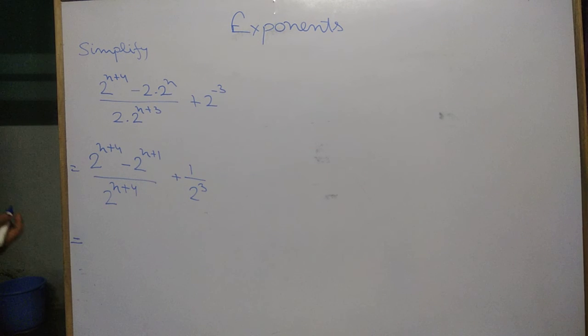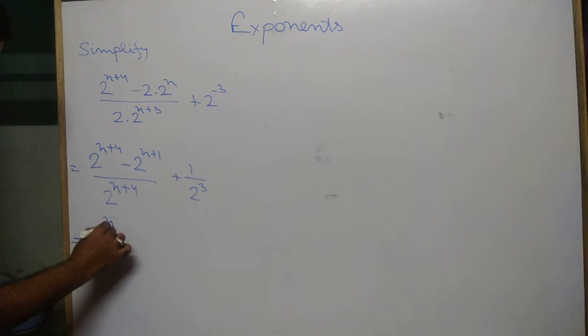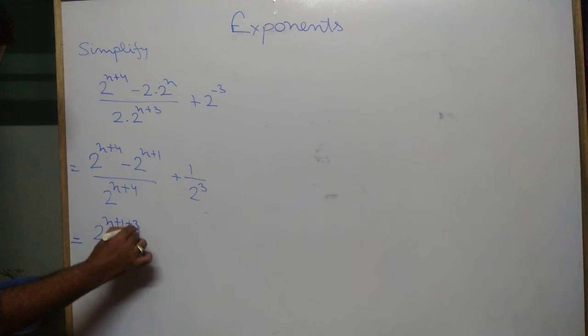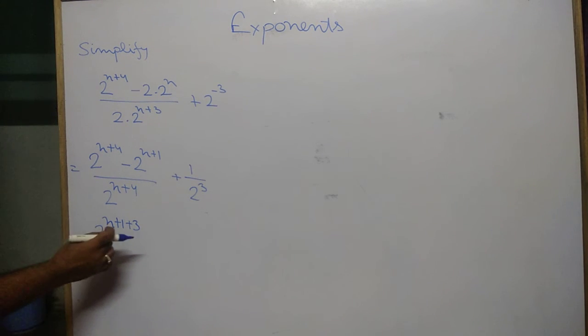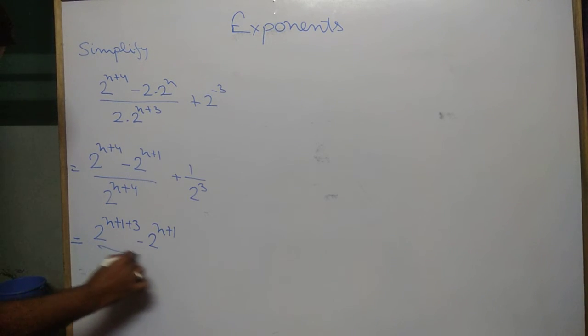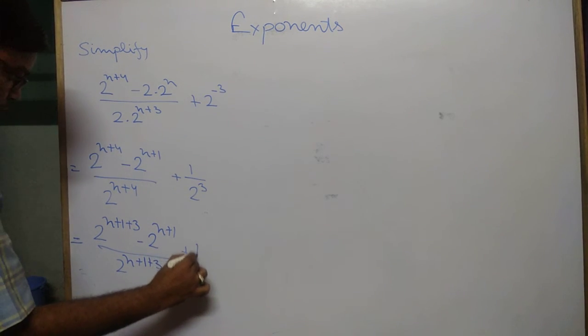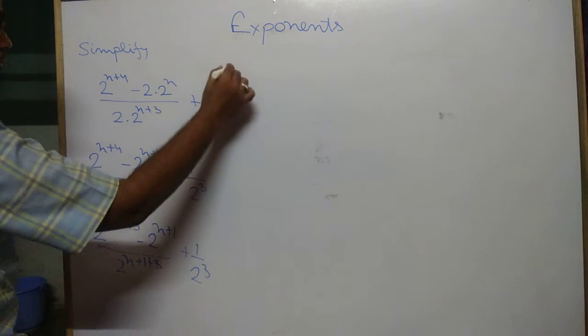So here we can write this as 2 to the power n plus 1 plus 3 minus 2 to the power n plus 1, divided by 2 to the power n plus 1 plus 3, plus 1 upon 2 to the power 3.